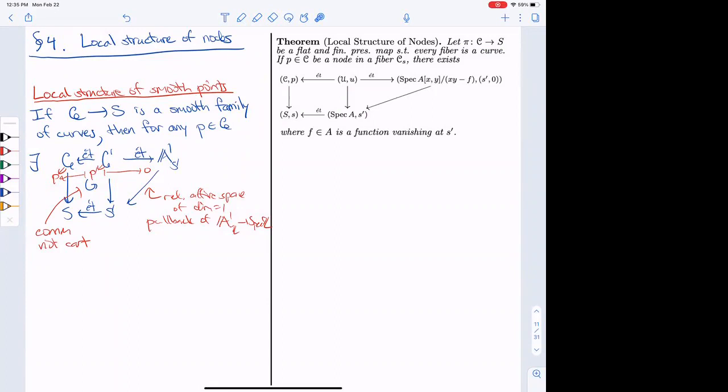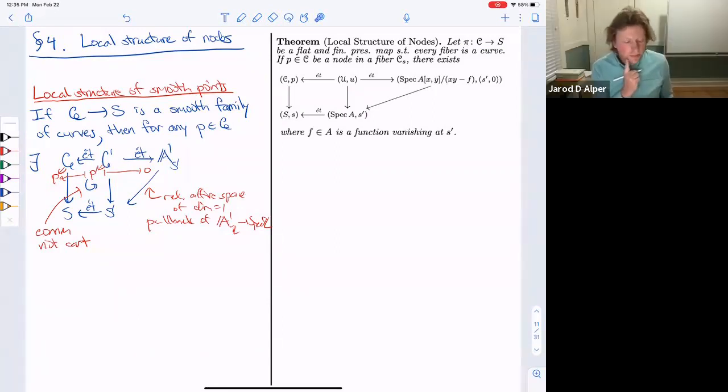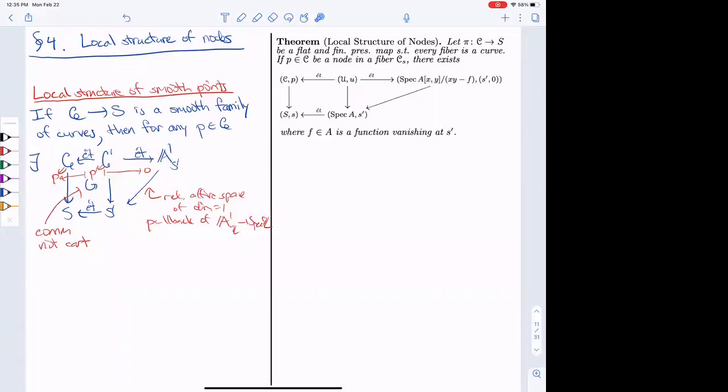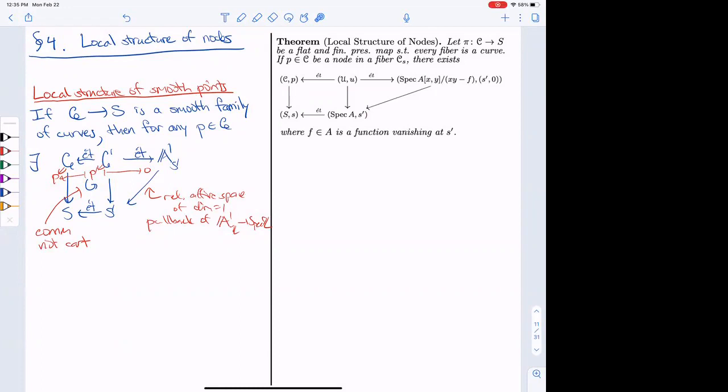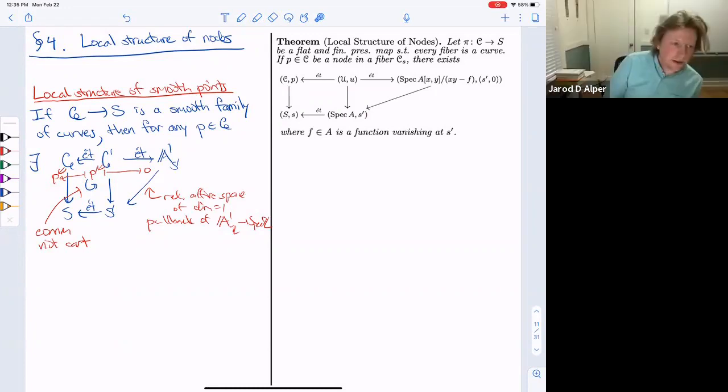Isn't it Zariski locally standard smooth? Yeah, good. I think Ben's making the important point that there's even a stronger statement here, but I'm stating it in a way that will generalize and be in the same form for nodal curves. There is a stronger result that you can take these maps to be Zariski opens.